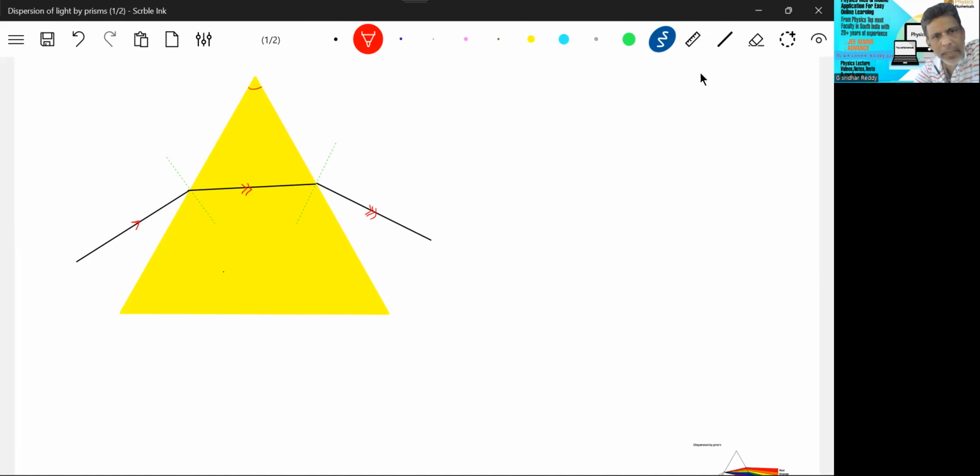Here let me introduce small angle prisms. What are the conditions for a small angle prism? What is a small angle?